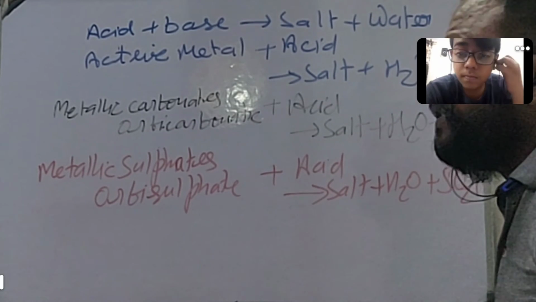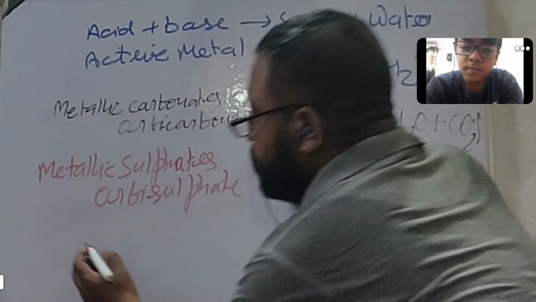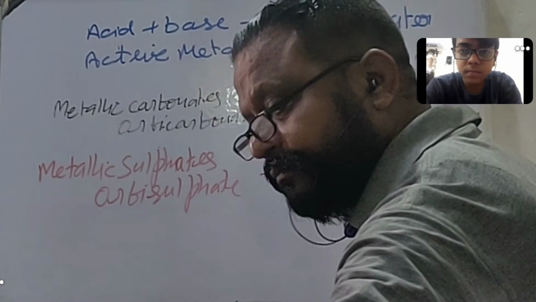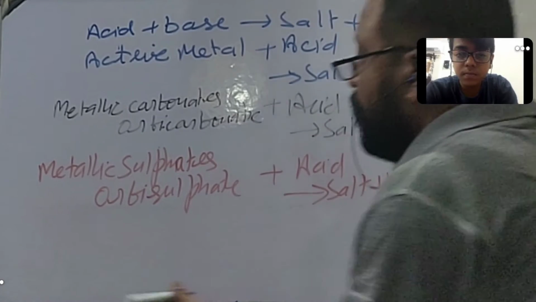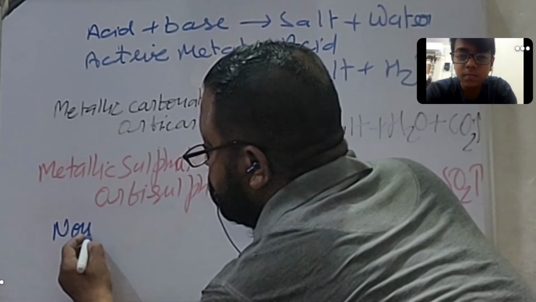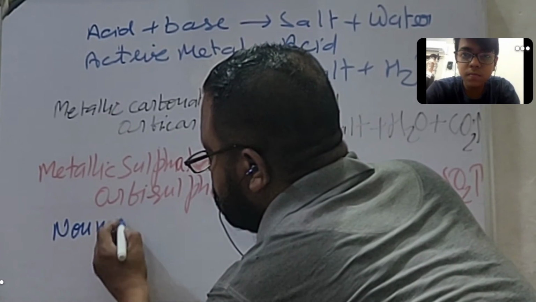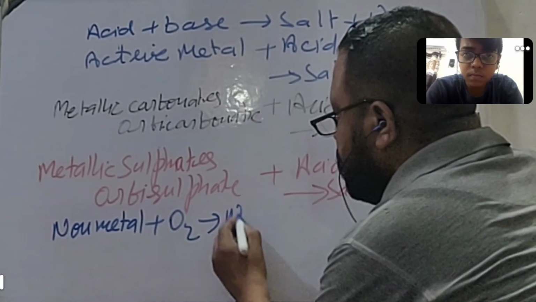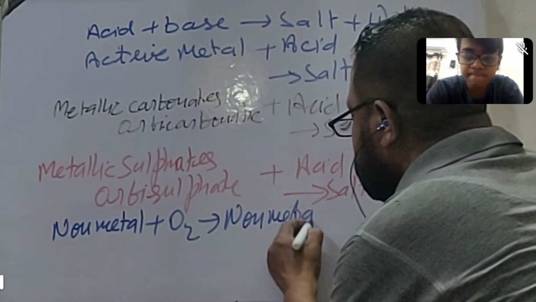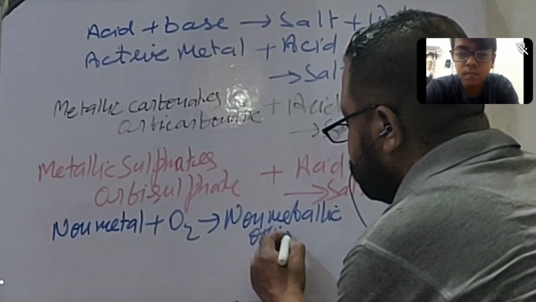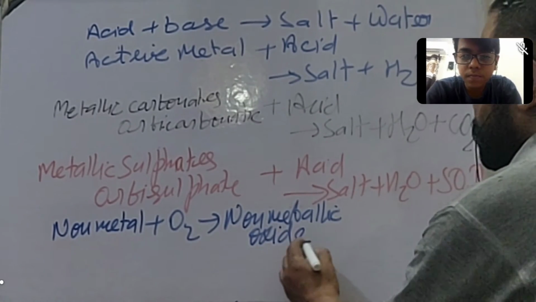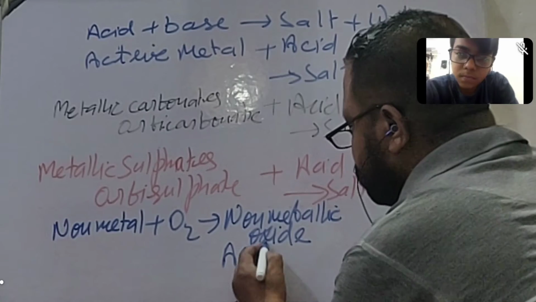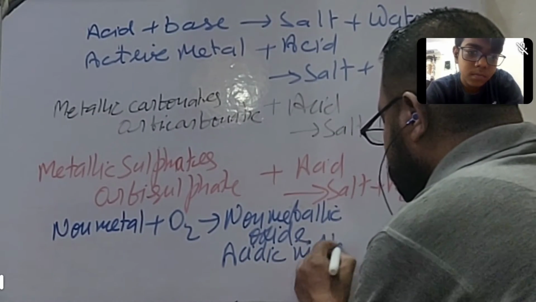Non-metallic oxides. Non-metal plus oxygen gives you non-metallic oxides. They are acidic in nature, right?